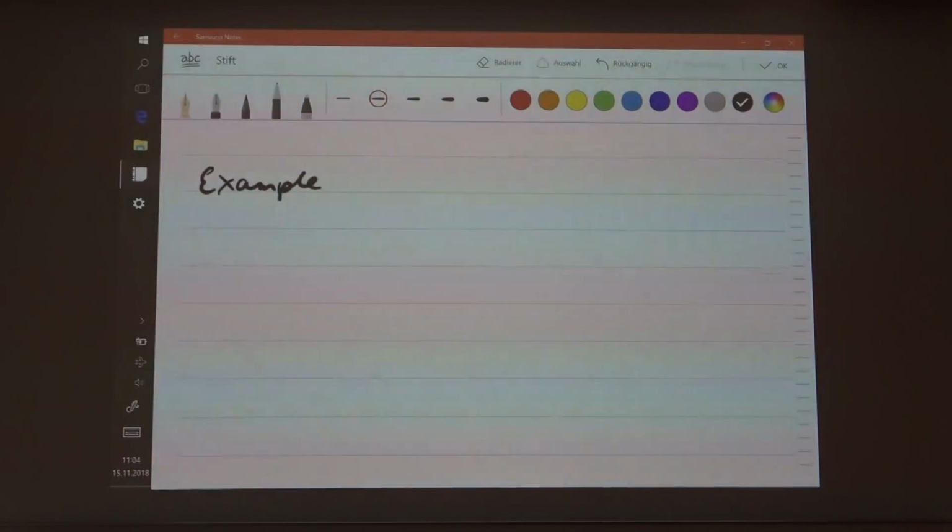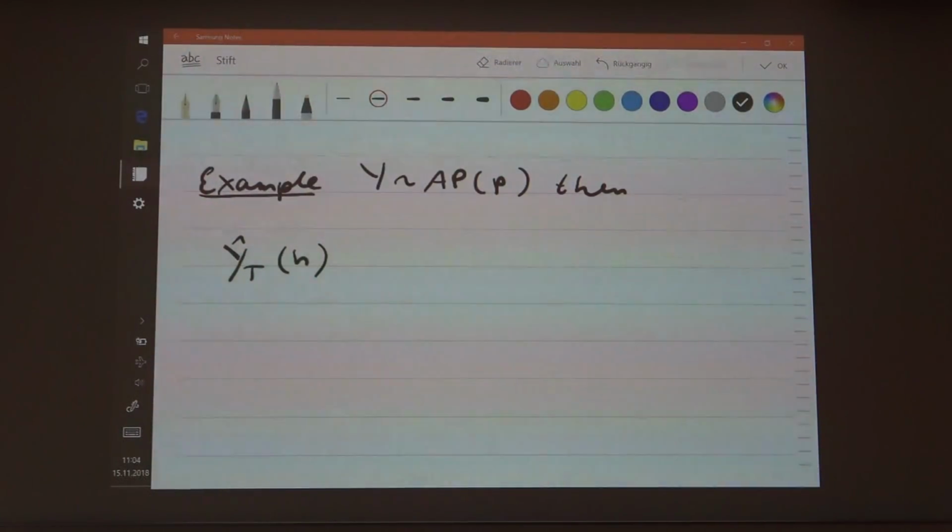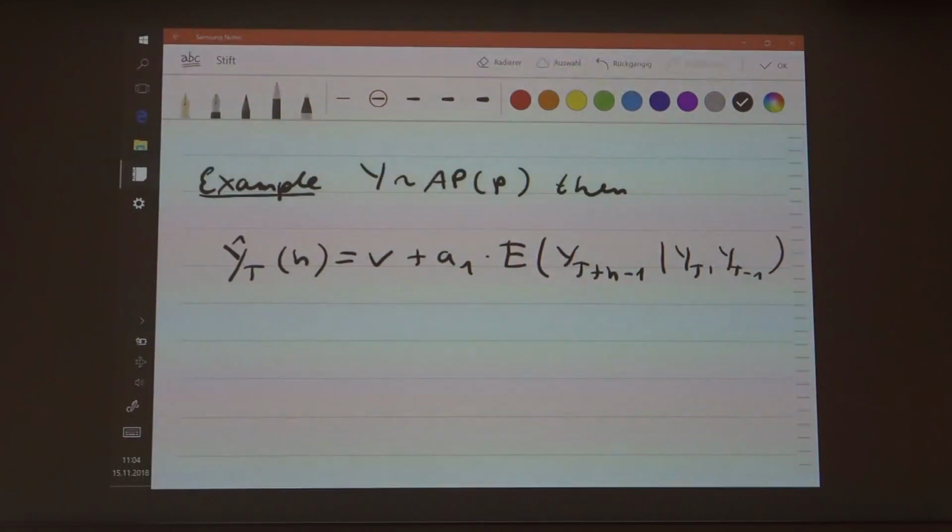If y is an autoregressive process of order p, then the forecast at time t for time t plus h is quite simple: the constant plus a1 times the conditional expectation of the process at time t plus h minus 1 given its past, and then a2 times the expectation.